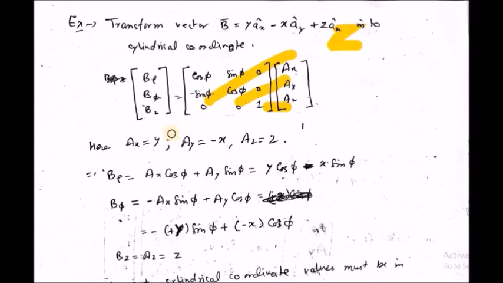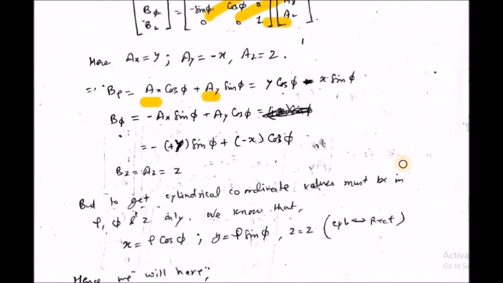And now I put these values of Ax, Ay and Az in here. So B rho will be y cos phi minus x sin phi. B phi will be y sin phi plus Ay, which is minus x, so minus x cos phi, and Bz equals Az, which is z simply. Okay, but in cylindrical coordinates all the values should be in rho, phi, z.